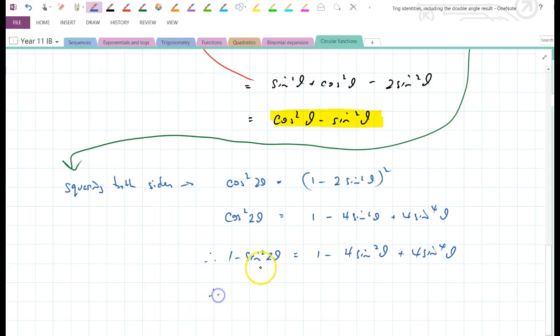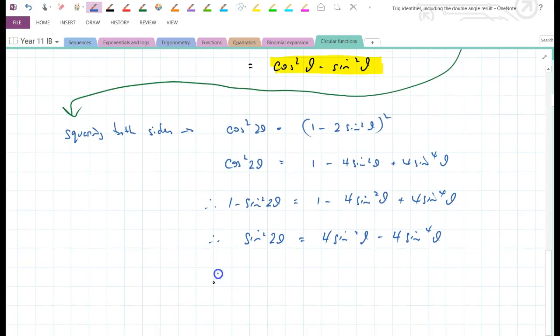Right, I'm going to make sine squared 2 theta the subject, so sine squared 2 theta equals, right, now let's just get this right, that's now come over this side, 1 minus 1, the 1's are gone. I've got the 4 sine squared theta over here, and I've got minus 4 sine to the power of 4 theta.